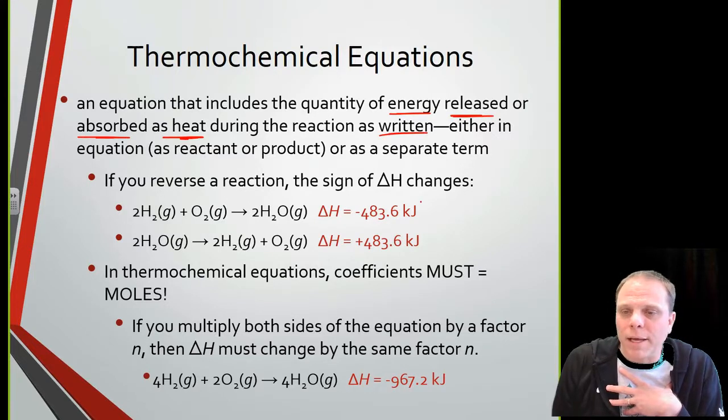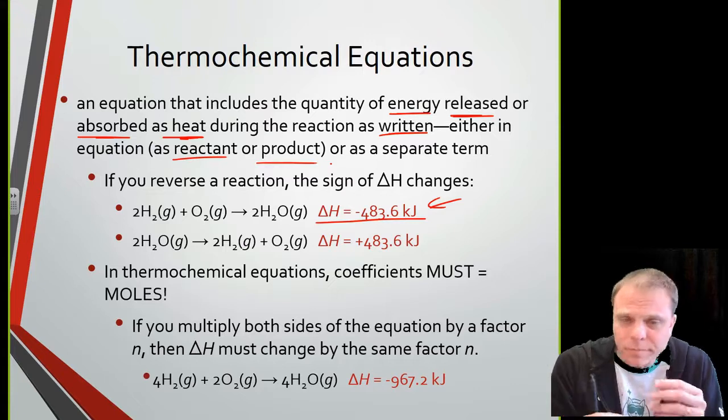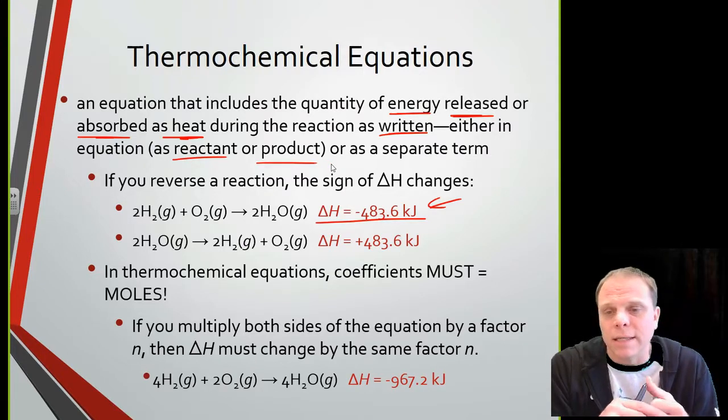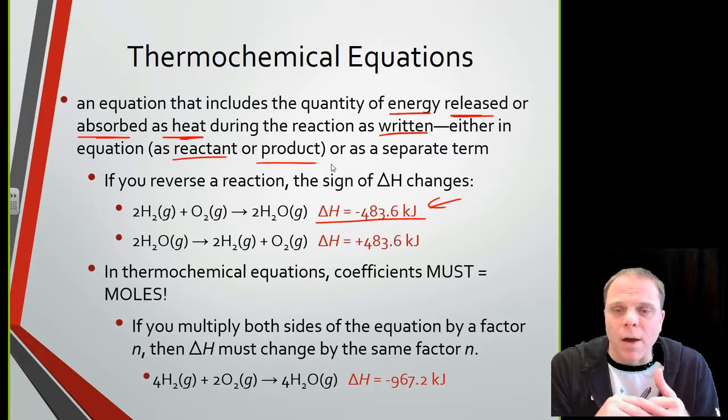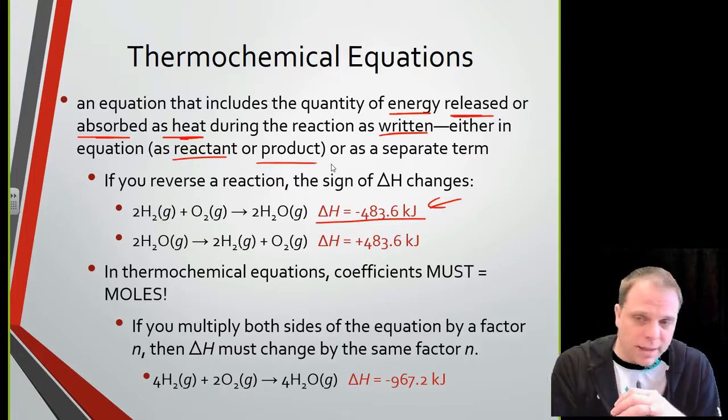It can be written externally, where the delta H is written outside of it, or it can be inserted with little plus and minus signs on the reactant or product sides. Either way, we can talk about them as thermochemical equations. Typically, if we say write a thermochemical equation, we want you to write it into the actual formula. If not, we'd say write the chemical equation and its enthalpy change.